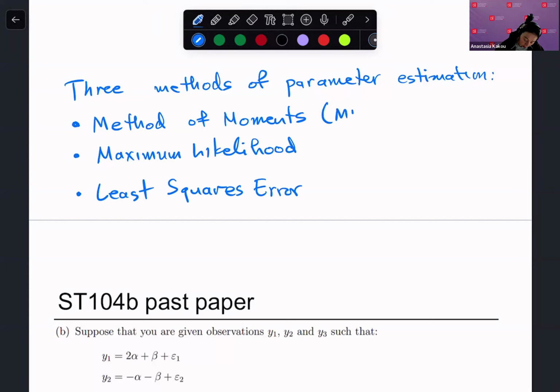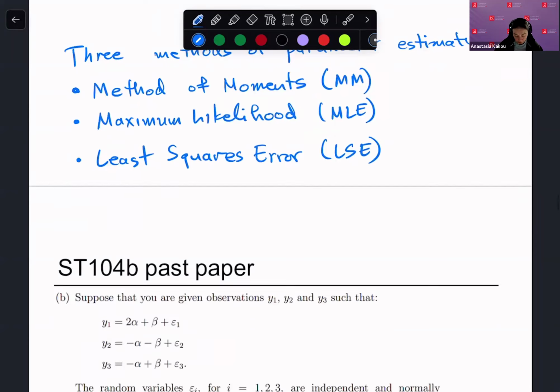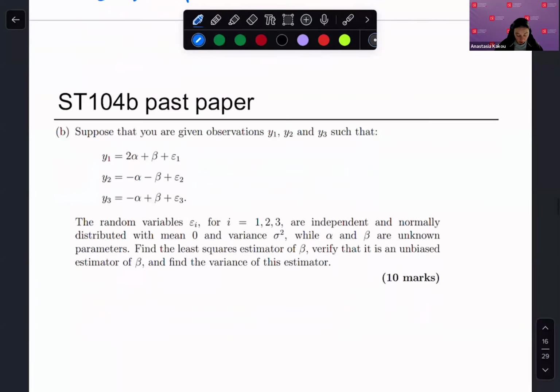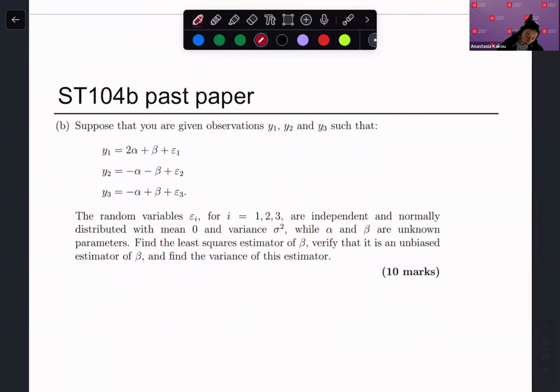So this is the method of moments, that's the MLE, and this is the least square estimator or least square error. Okay, so you will have one question from each. Okay, so that is the least square error method. You will be given 2 or 3 equations that involve an error term and some parameters.